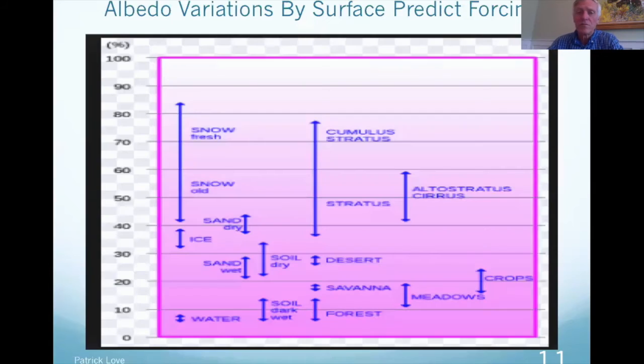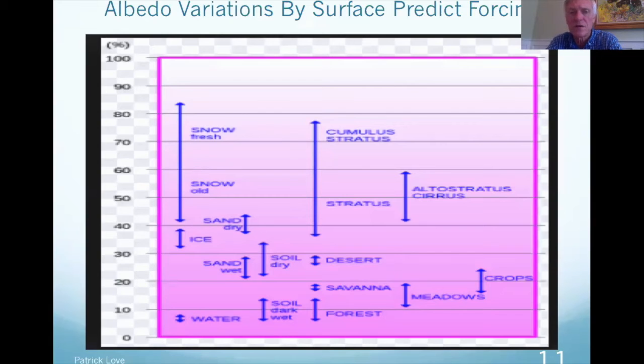Okay, so let's look at albedo. I showed you a table earlier on about albedo. And we will just say here that, if you look at this, the left scale is in percent. You can see that fresh snow is as high as 85% reflective. Old snow is down in the 50s and 60s.